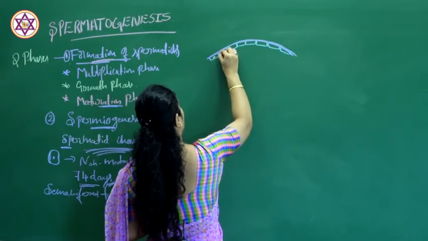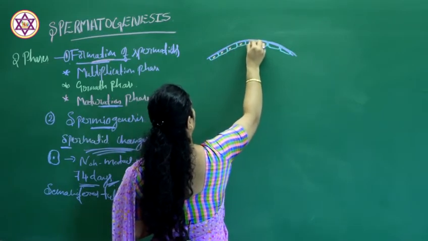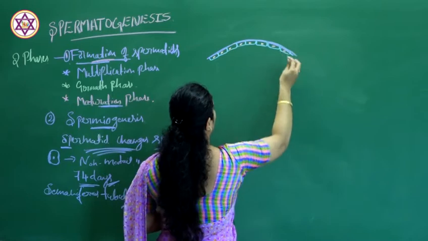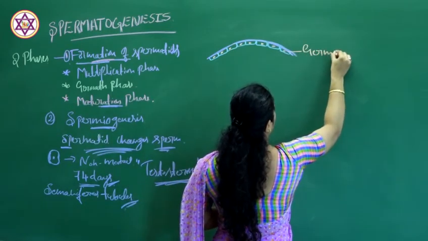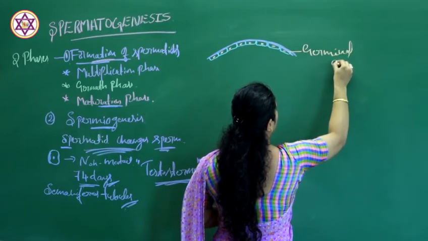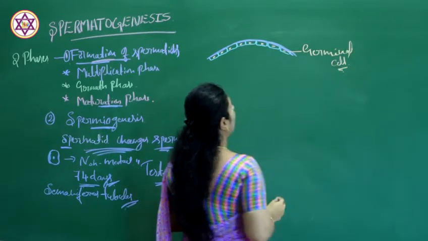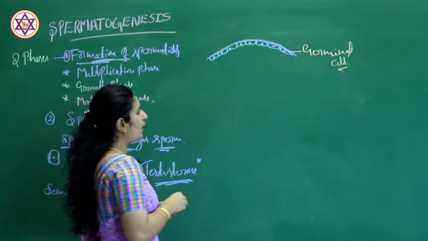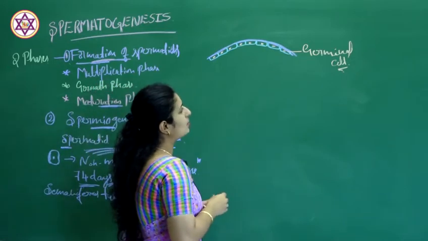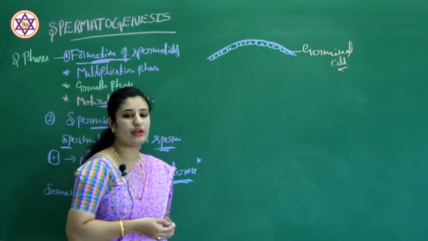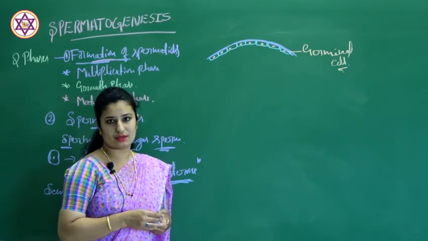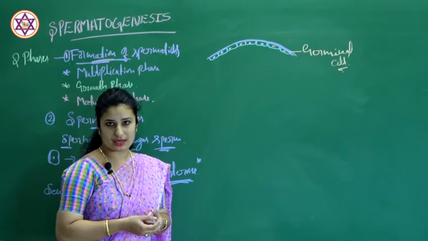So these are the germ cells. These germinal epithelial cells have the capacity to undergo a meiotic division, which is the reductional division.